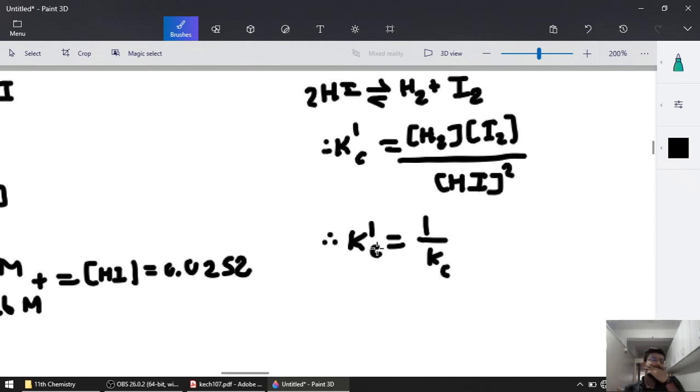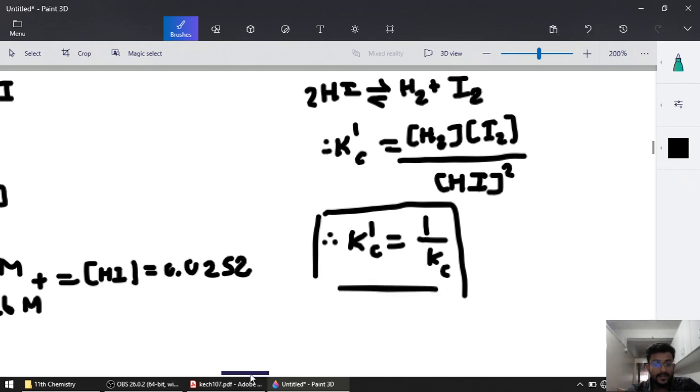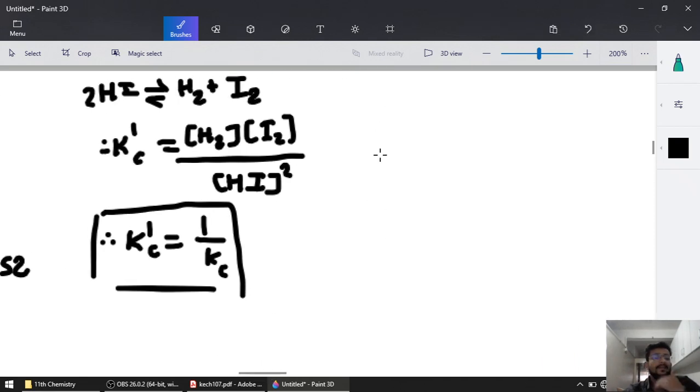So we can say that if we write the reaction in the opposite direction, Kc will also be the reciprocal. So Kc dash equals 1 upon Kc. Remember this relation. Suppose we multiply our reaction by 1 by 2. So 1 by 2 H2 plus 1 by 2 I2 gives me HI.